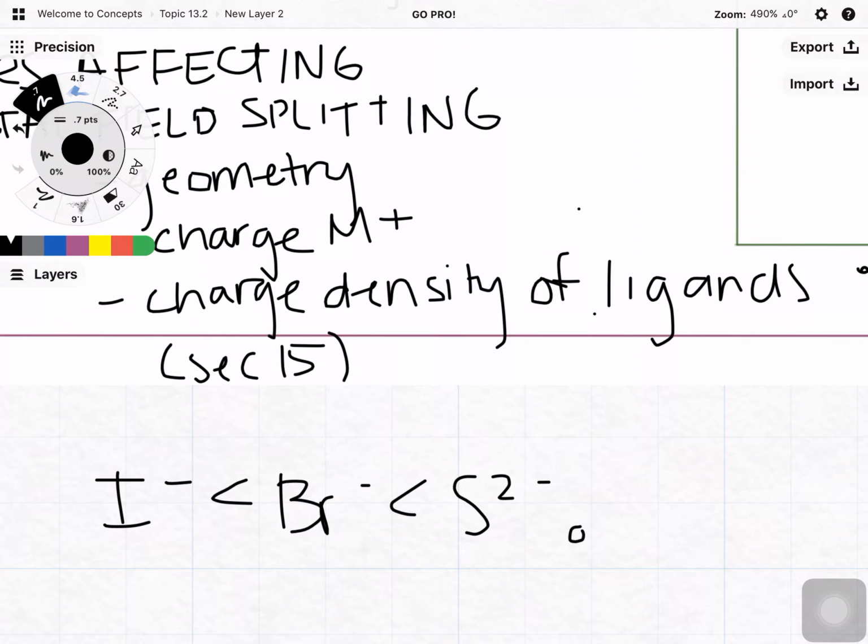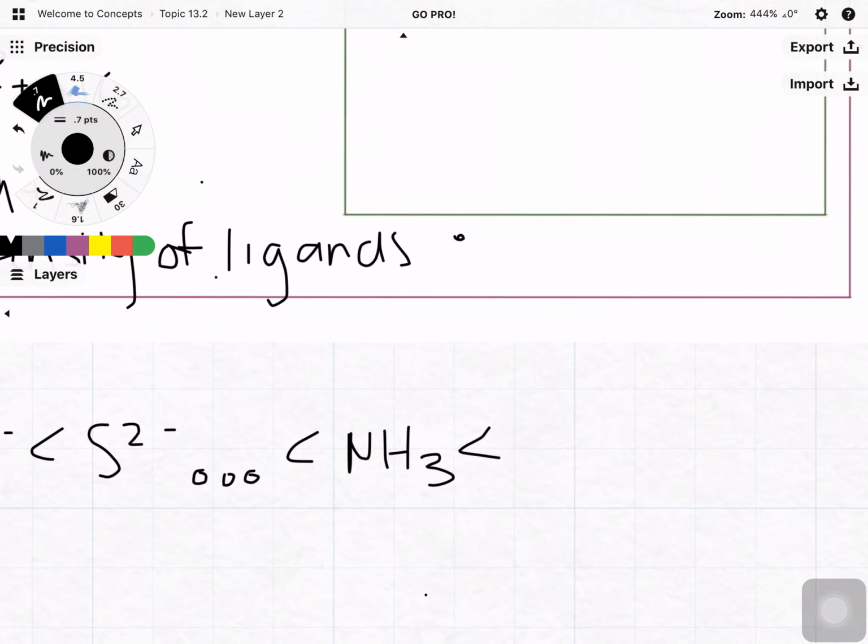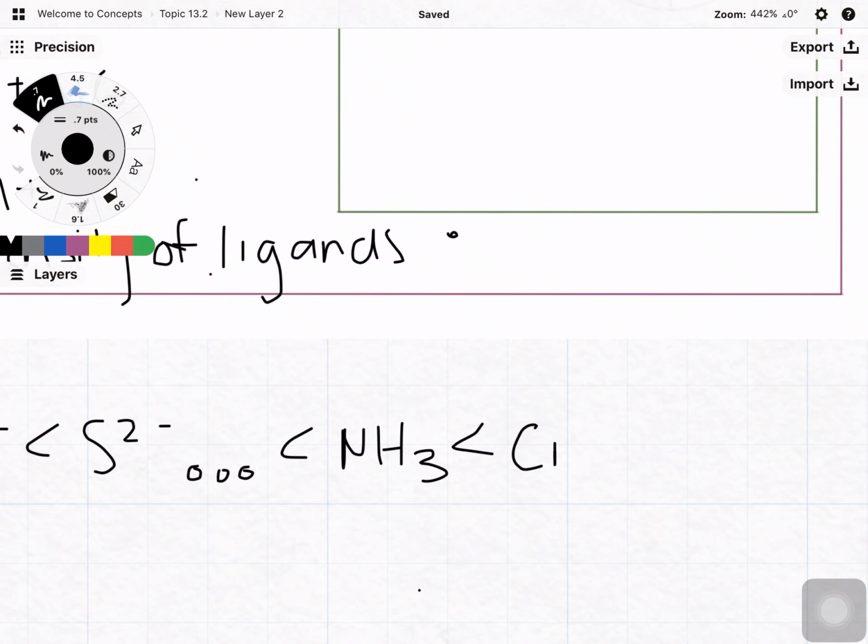sulfur, okay, I'll let you look up the rest, and we have some strong ligands. Strong field ligands cause more splitting of d orbitals, and they absorb shorter wavelengths of light. So things like NH3 and CN minus.